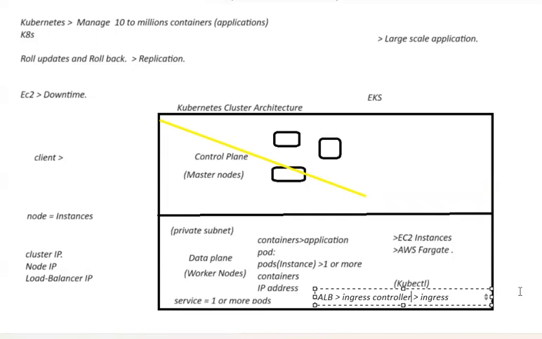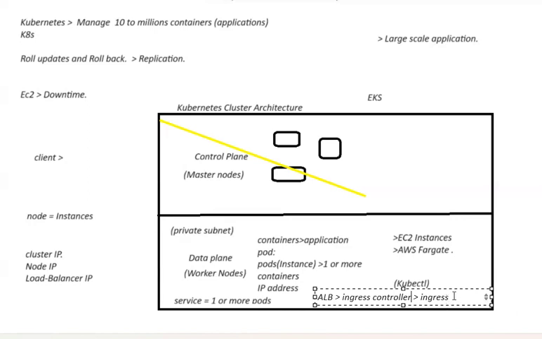Now, how can my client access, and how does the client's request get the response? Let us see. The client will make a request, that request will reach the application load balancer at first, then it reaches the ingress controller, then the ingress.